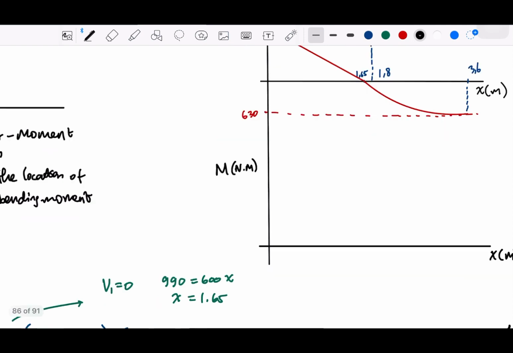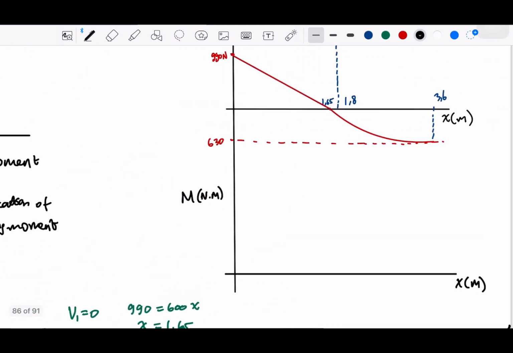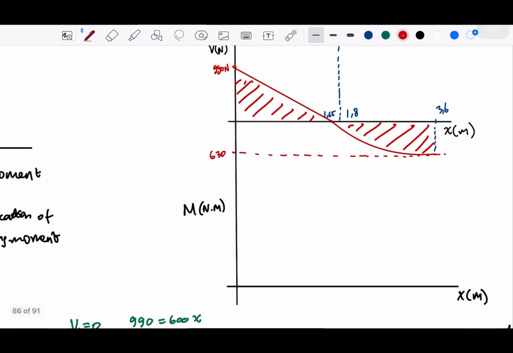Now the moment. Since we already have the equations here, we can take the moment, but actually you can apply your knowledge in calculus. So if we have this, this is your shear diagram.